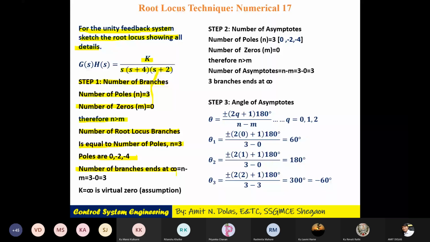You can see both the roots meet together at the breakaway point. And later on, if I increase the k value, say 4, 5, 6 towards infinity, they will move towards infinity in the direction of the asymptotes, and they will intersect the imaginary axis at the intersection points that are shown in this video.